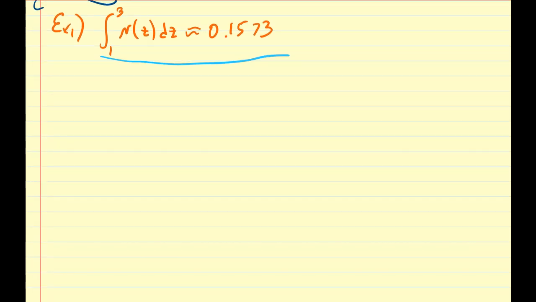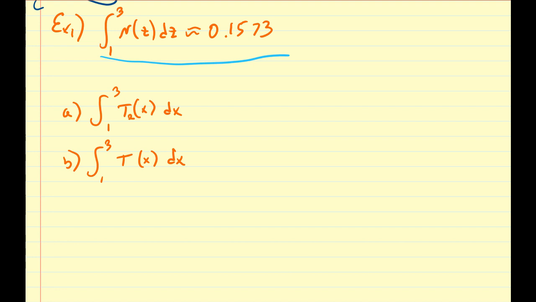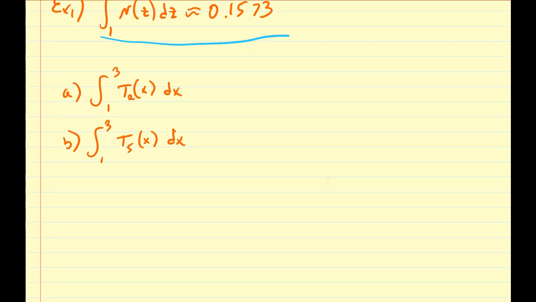And let's calculate the same integral under the t distribution with varying degrees of freedom. So we're going to look at the integral from 1 to 3 of t(x) dx with 2 degrees of freedom. We're going to do the integral from 1 to 3 of the t distribution with 5 degrees of freedom.